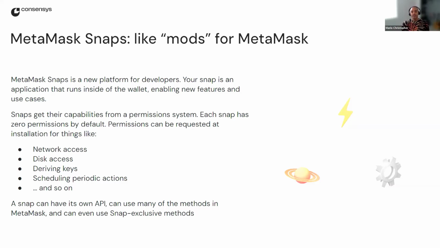So the idea was to open up MetaMask as a platform to all the developers out there. Every developer out there could come up with a great idea, and that idea could be added into MetaMask as a feature. Here is a similar example where you have your mobile device, your phone, and in the phone, you don't really have every feature that's possible out there.